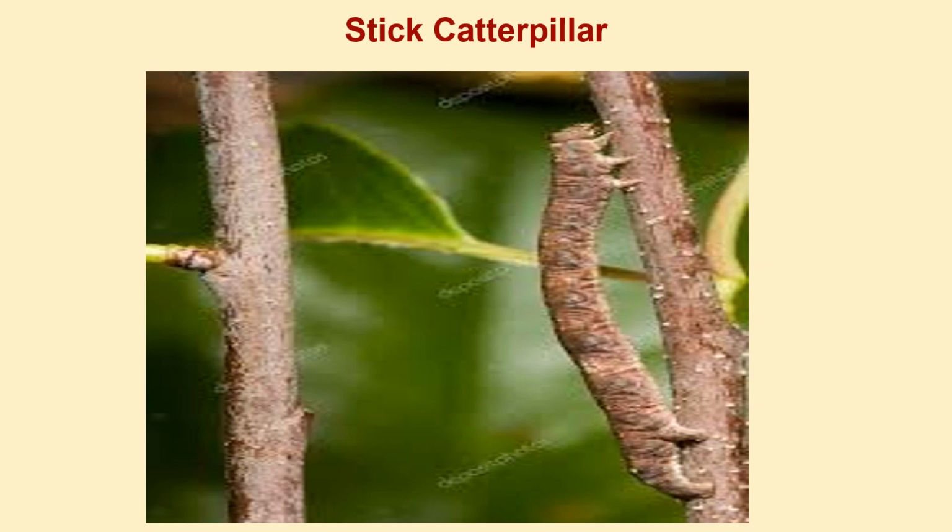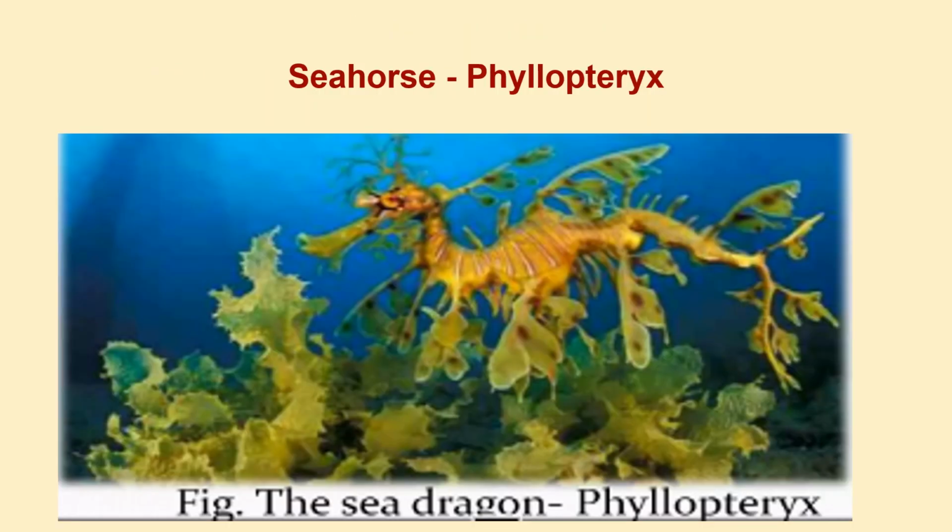Its pointed head resembles the terminal bud. Seahorse. The seahorse Phyllopteryx resembles seaweed because it bears numerous leaf-like outgrowths. These leaf-like appendages provide excellent camouflage against the backdrop of underwater vegetation, so the seahorse effectively hides from potential threats.